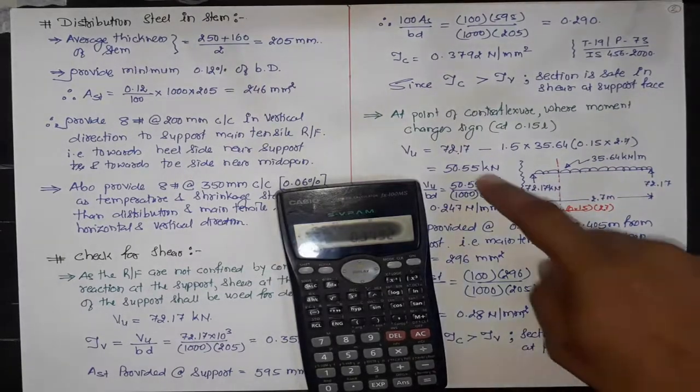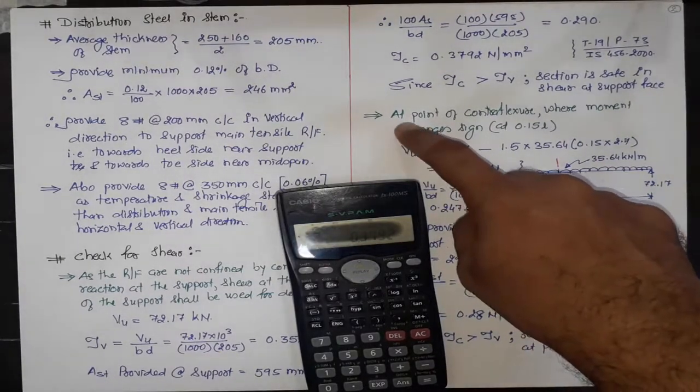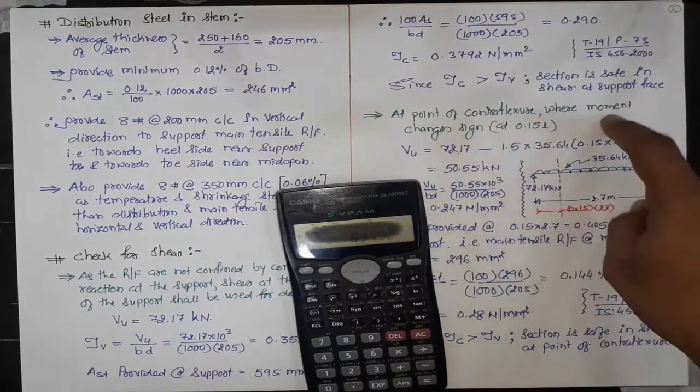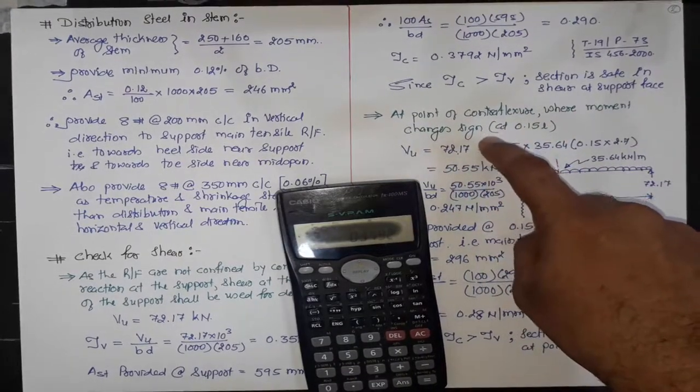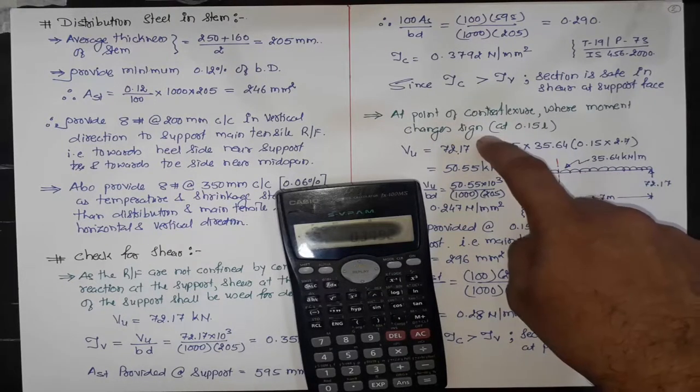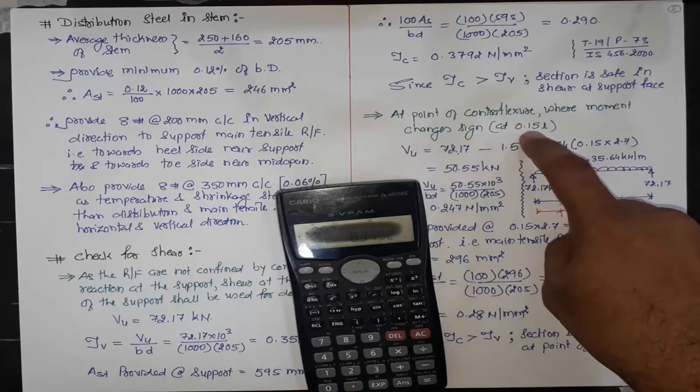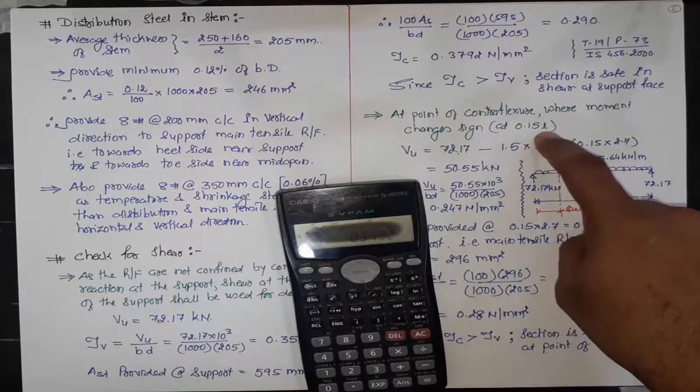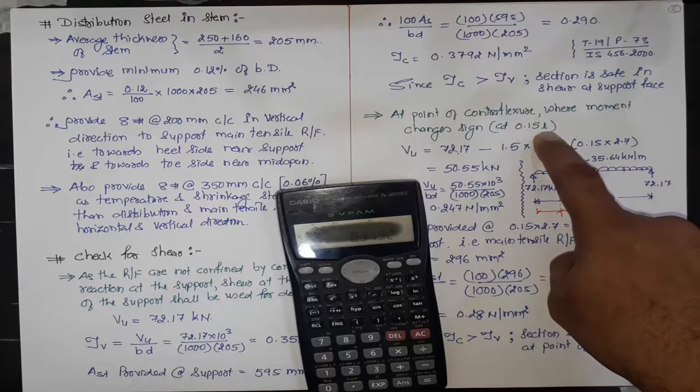Now let's calculate the shear at the point of contraflexion where bending moment changes its sign. We can assume that point of contraflexion will lie at a distance of 0.15 of L, where L is the clear spacing between the counterfort.